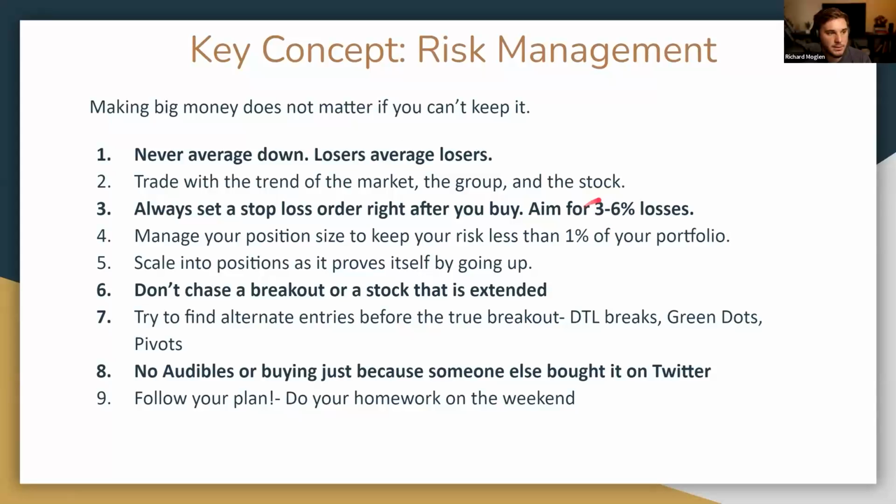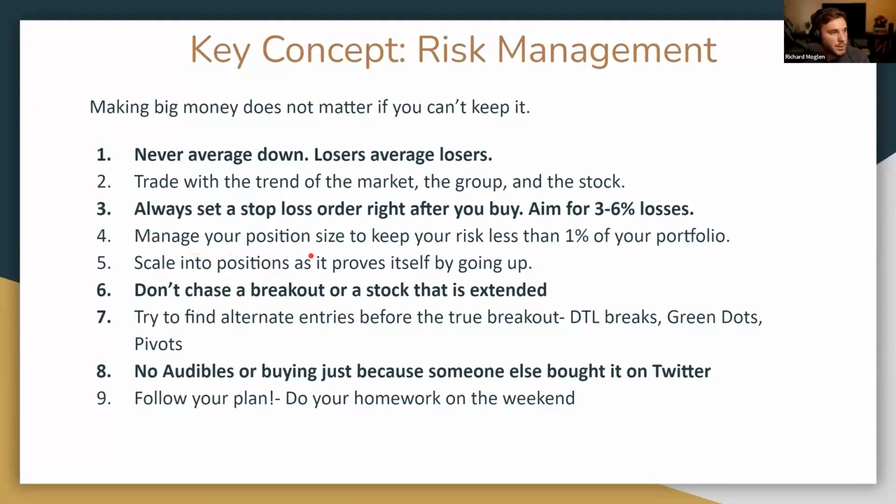This amount is going to vary a little bit depending on your style and your position size as well, because a 10% stop loss can be the same net dollar amount as a 3% stop loss, depending on your position size. So some people like to give stocks a little bit more room, but have smaller position sizes. Some people like to really pound the table and go for it with large position sizes, and they keep those stop losses really small. So it depends on your style and what you really enjoy doing.